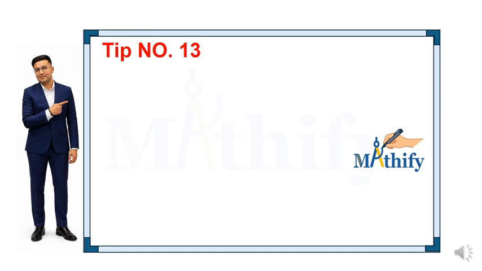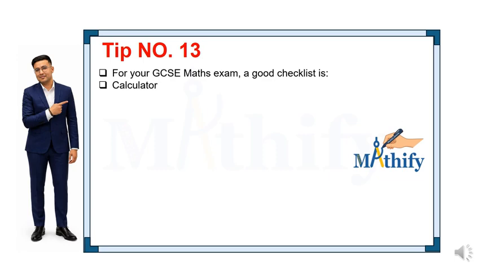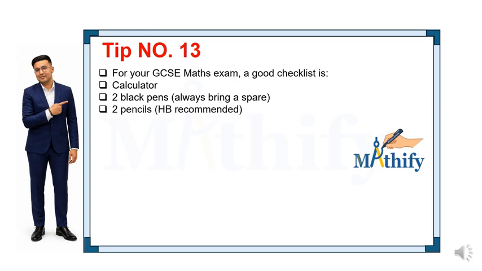Tip number 13. For your GCSE Maths exam, a very good checklist is to have a calculator, 2 black pens. Always bring a spare pen just in case one runs out in your exam. 2 pencils, HB brand is recommended.